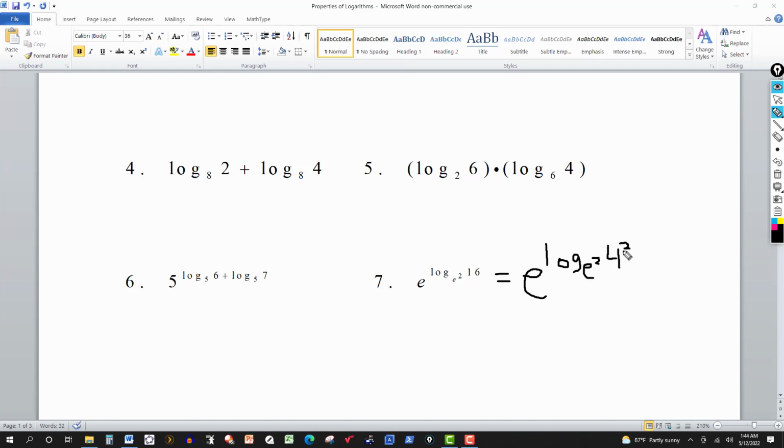Because I need to simplify this without using the calculator. And the only thing I can use is the laws of the properties. So now I can do this. I have the log, and this base is e squared of 4 squared. There's a property that allows you to bring this exponent as a coefficient.